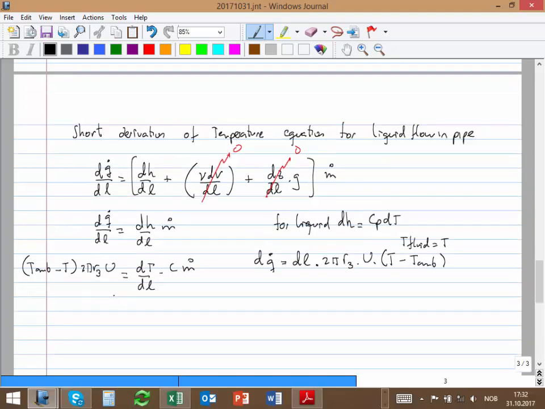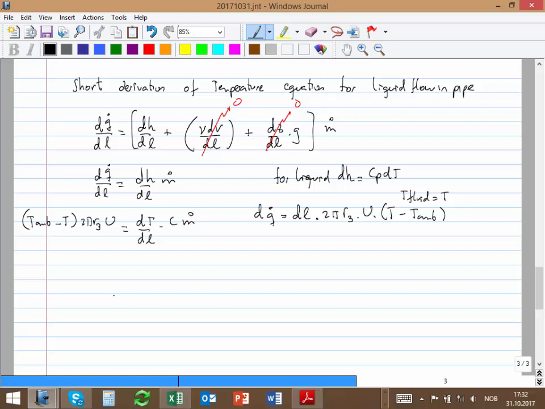And the nice thing about this expression is that I'm going to divide everything by this factor. So I get T ambient minus T equal to dT/dl times Cm over 2π r3 U, and I have a first order differential equation.